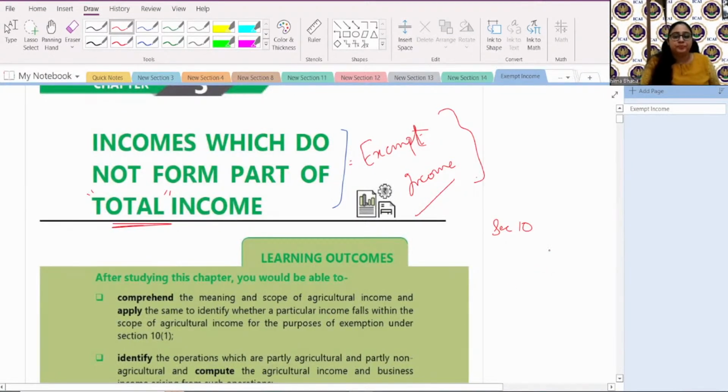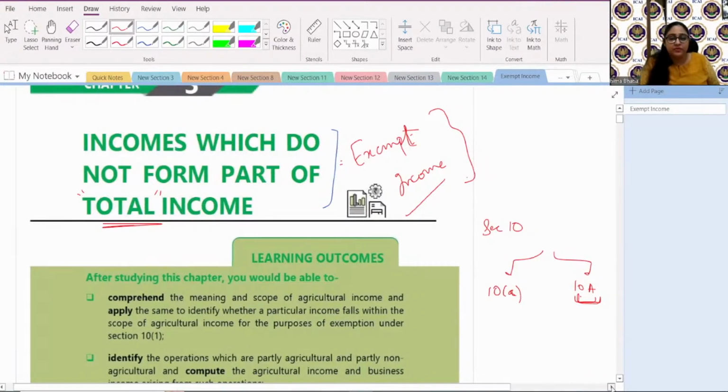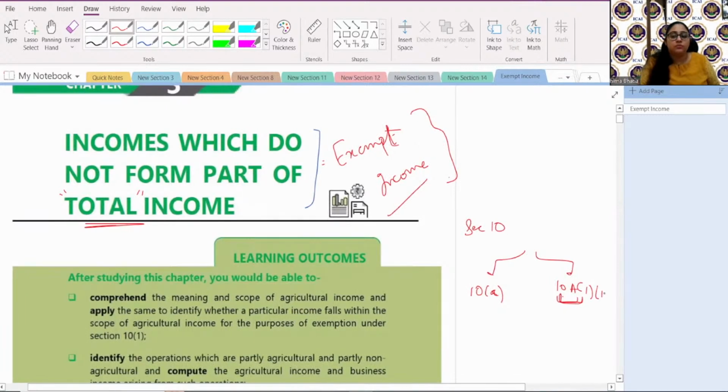Always remember, before I proceed, this is section 10A, and this is section 10 clause A. This is section 10A itself. इस section का नाम ही 10A है, which may further have subsection 1 or sub clause 2, anything. So this in itself is section 10A, and this is section 10 clause A.